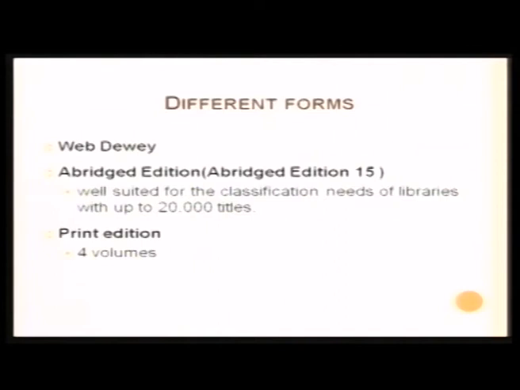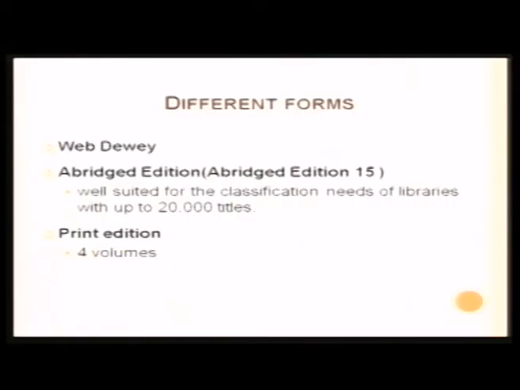Now, what are the different forms? That means it's available in different forms. For example, WebDewey is an online version of the print sets which are available in libraries. Since print sets are published at regular intervals, in WebDewey updates are regularly added.